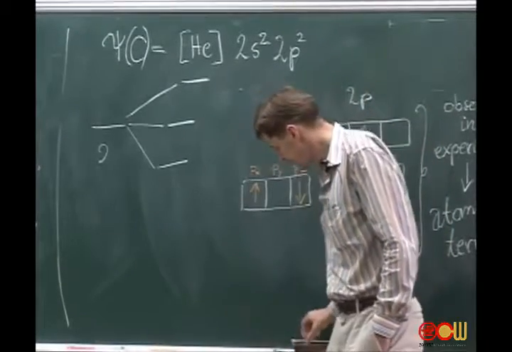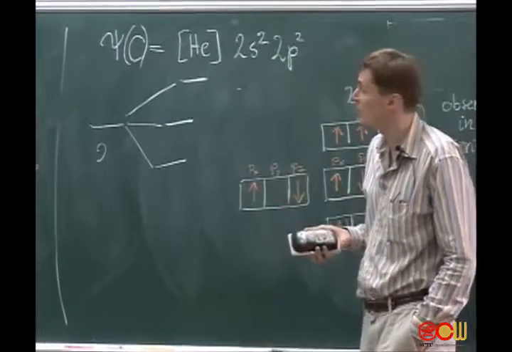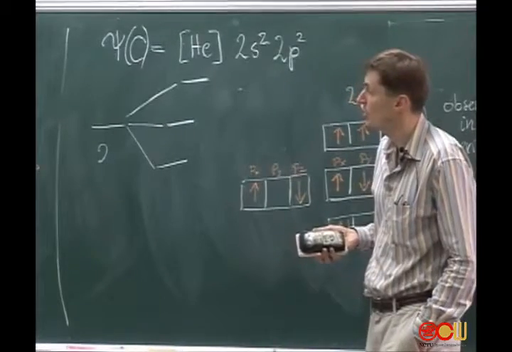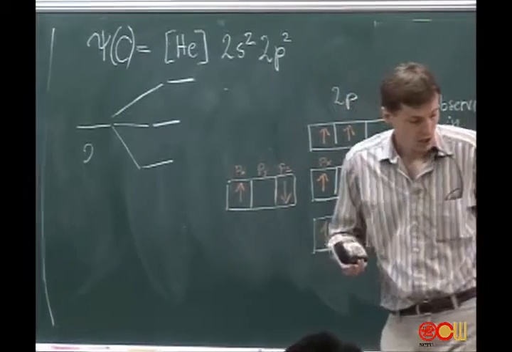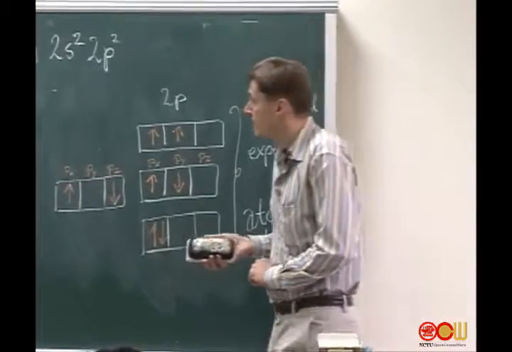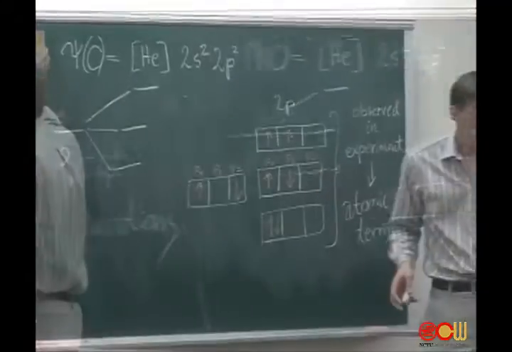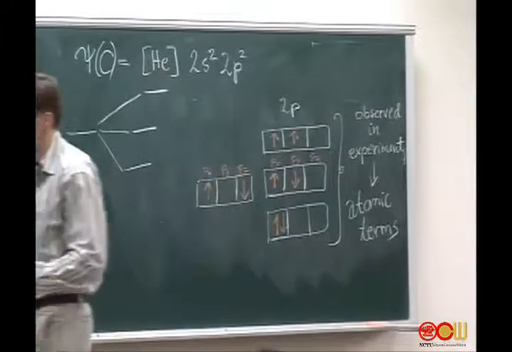Good. You know now the electronic structure of the many electron atom. The important thing is to remember how these are ordered. So we go.